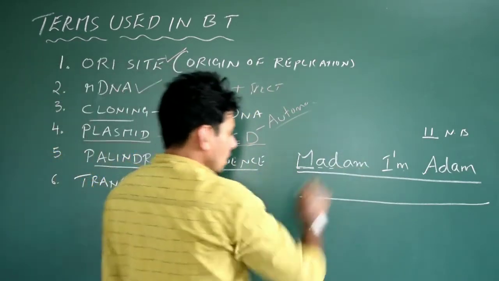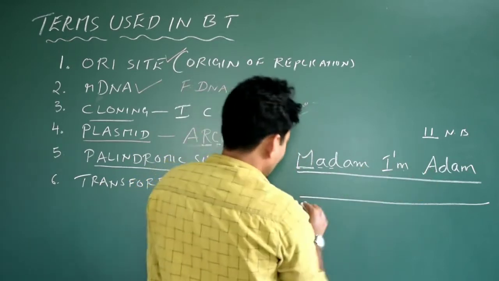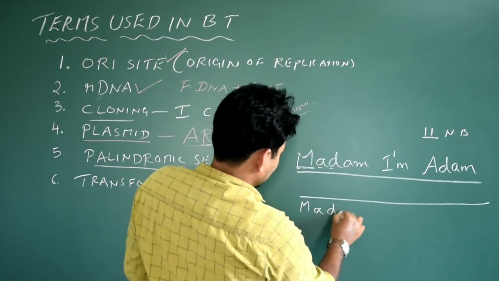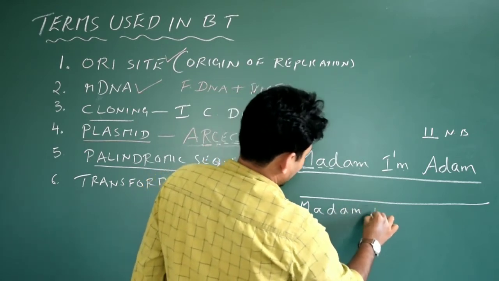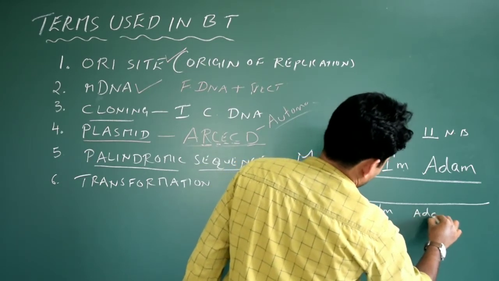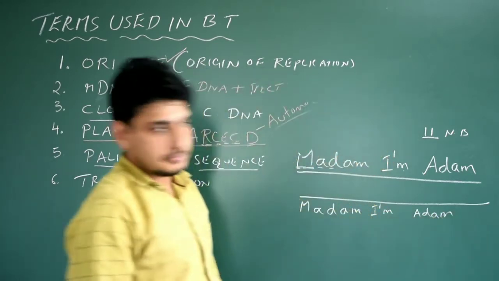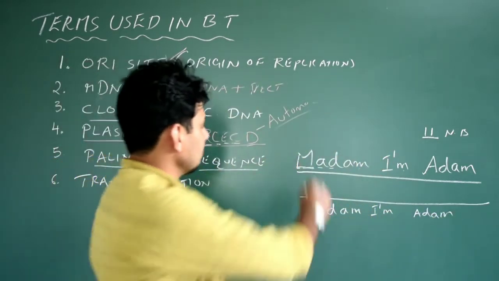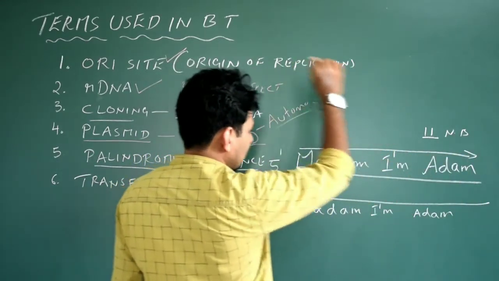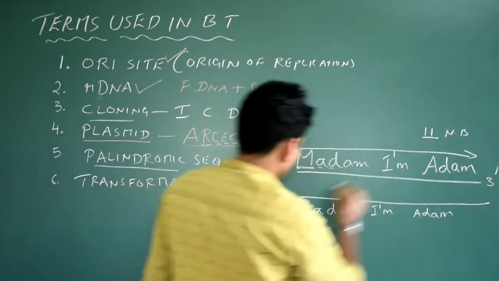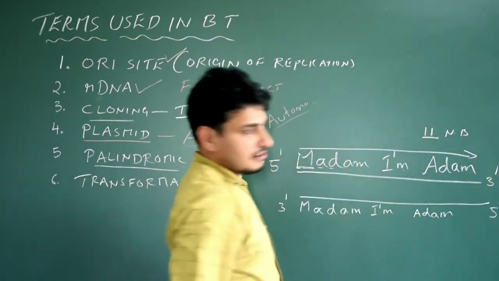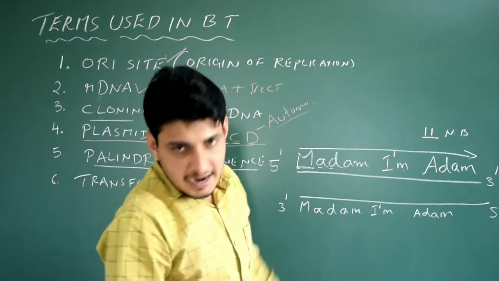Now what I am going to do is write M, A, D, like this. Can you read from this orientation? Let us consider this is the 5 prime end and this is the 3 prime end. Madam, I am Adam.